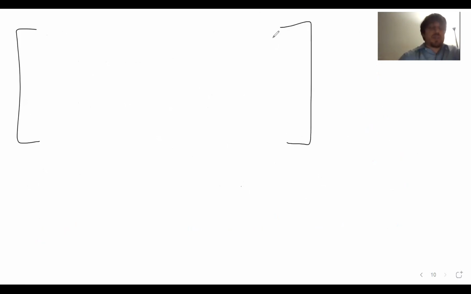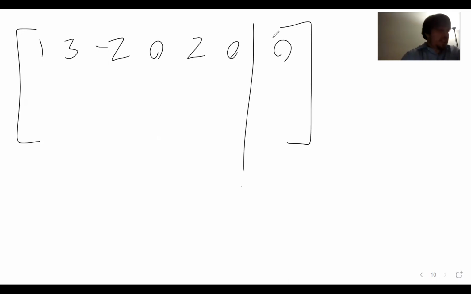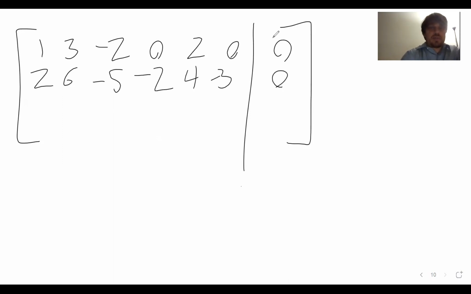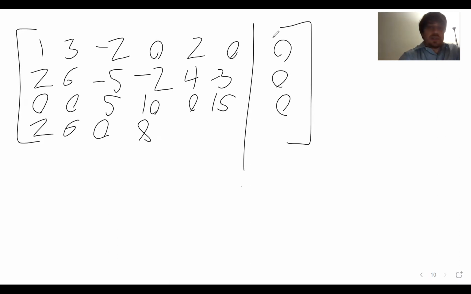So you have 1, 3, -2, 0, 2, 0, 0. And so you have the next row: 2, 6, -5, -2, 4, -3, 0. Then 0, 0, 5, 10, 0, 15, 0. And the last row is 2, 6, 0, 8, 4, 18, and 0. Okay, so this is the corresponding augmented matrix.